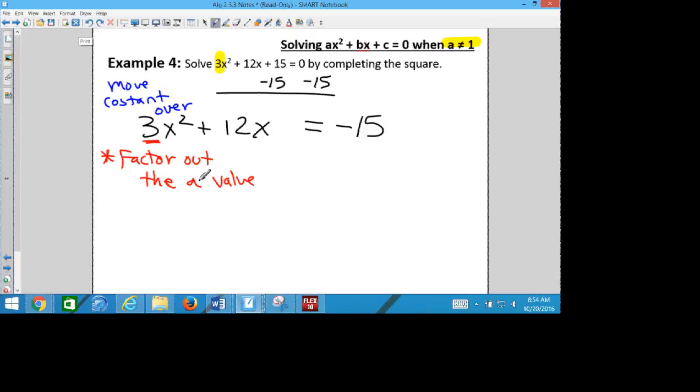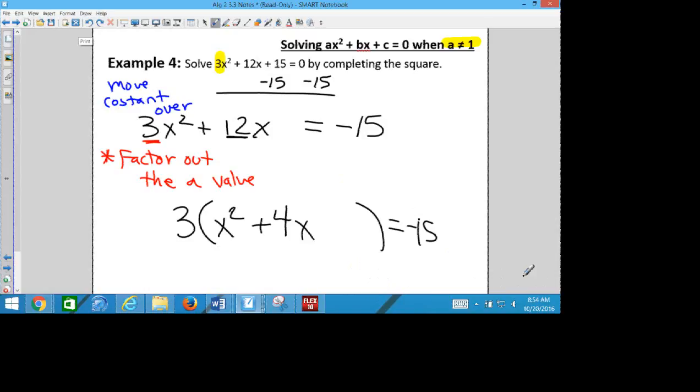It's going to look like this. 3 parentheses. When we factor it out, we get x squared plus, if I factor out a 3 from 12, I get 4x. Leave a space, equal sign, minus 15.